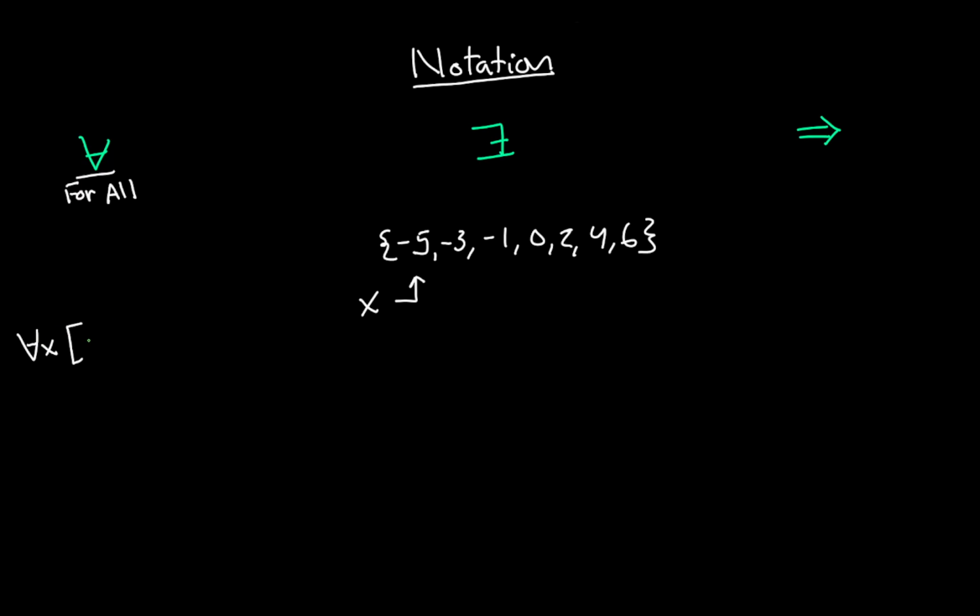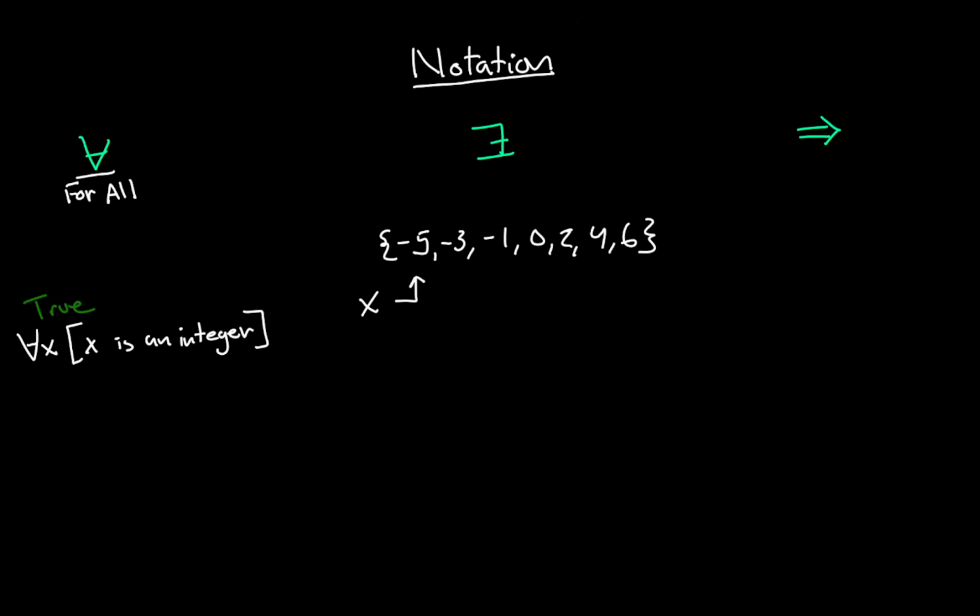So for all values of x, x is an integer. Is this true? We can see that for all the values x can take, they are integers, so it's true.